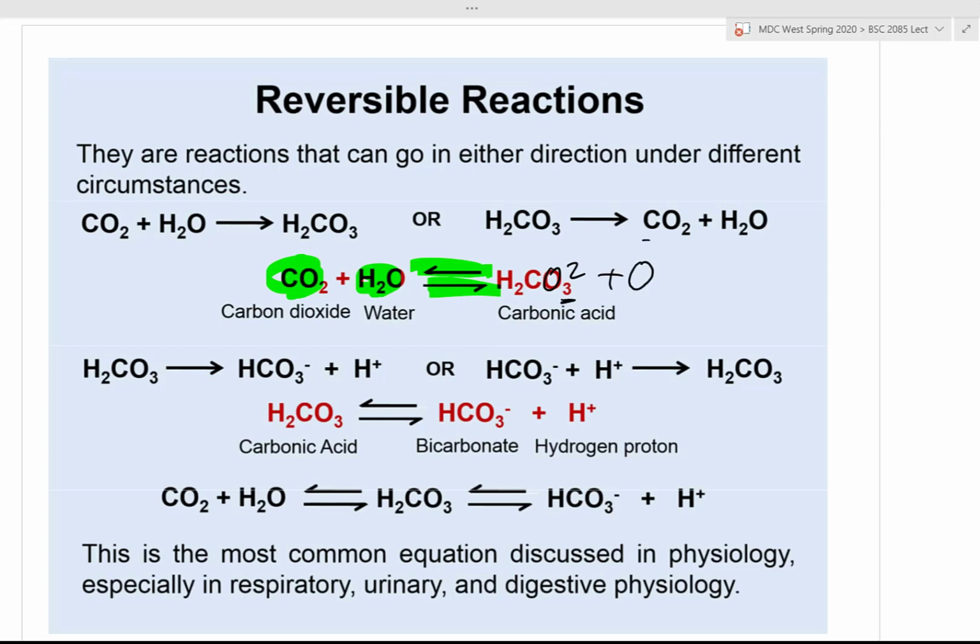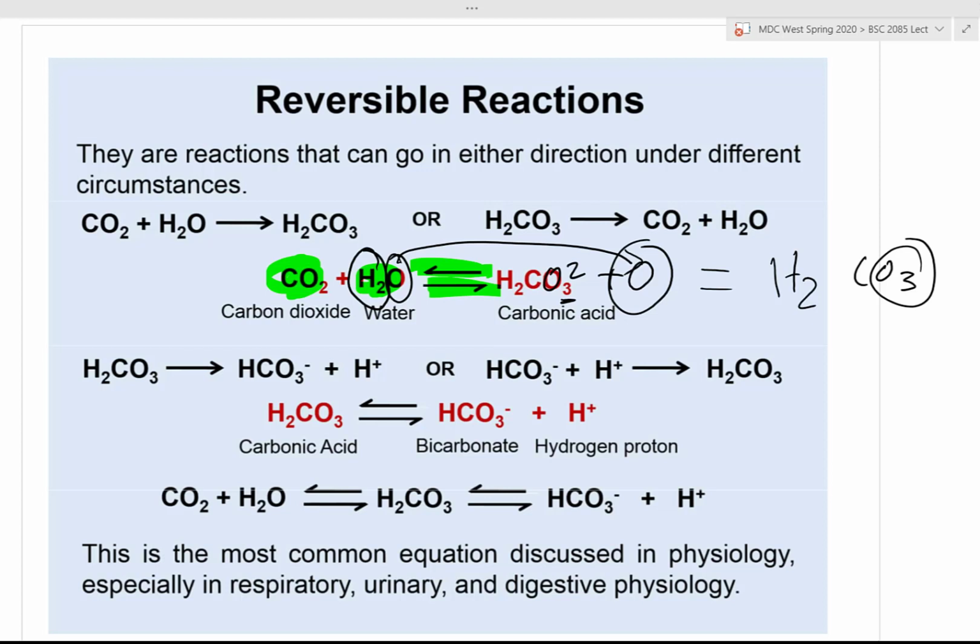That's plus an oxygen. Well, this oxygen comes from where? From the water. So hence we have CO3, right? All three oxygens. Now, the H2 comes from where? From the water, right? So you have H2, and the C comes from here. H2CO3. So that's what happened.